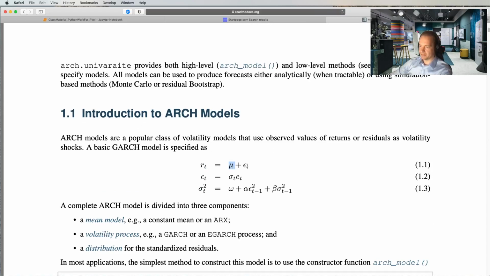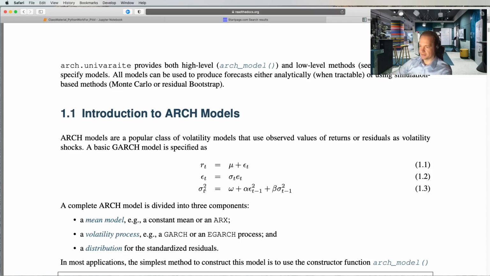Returns have a mean and they have a shock, like we had. The shock has two components, vol and IID. The notation here, as I said, mine is a bit different. I have sigma t minus 1 in order to highlight it's known as of t minus 1. In that package, they use sigma t, but that's all right.